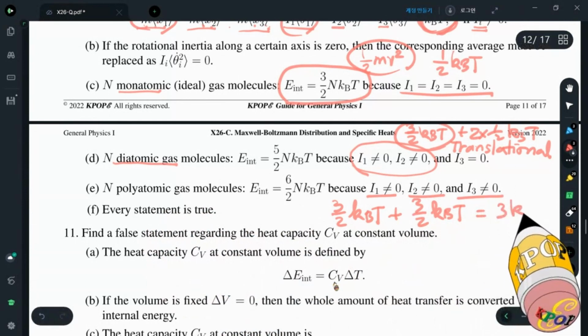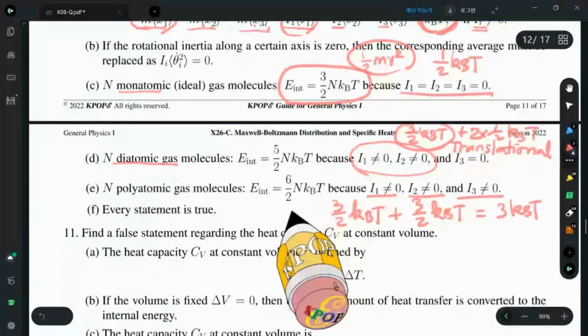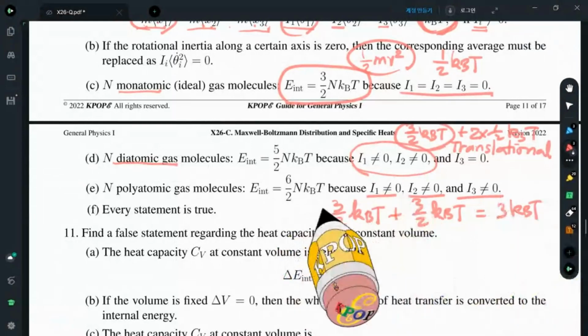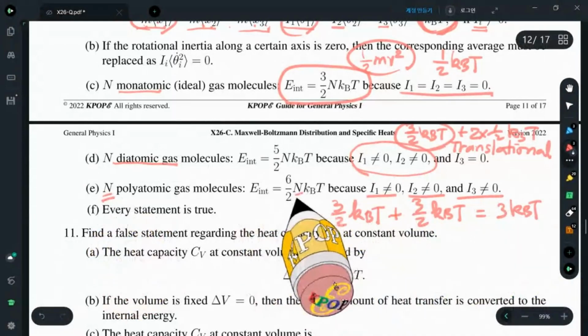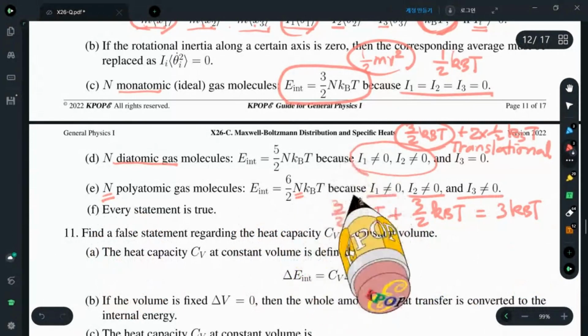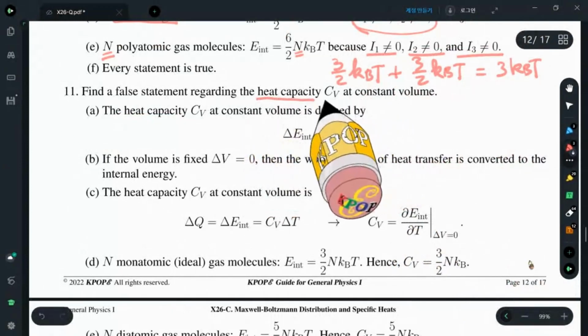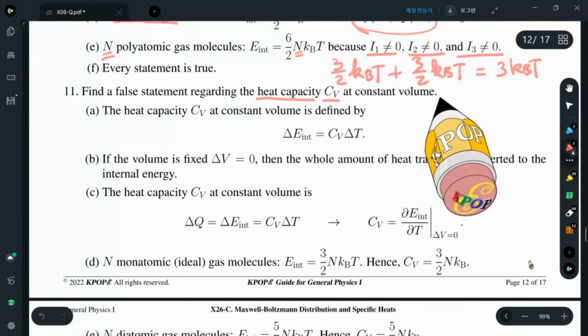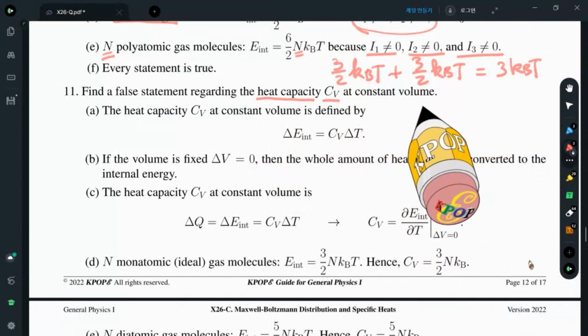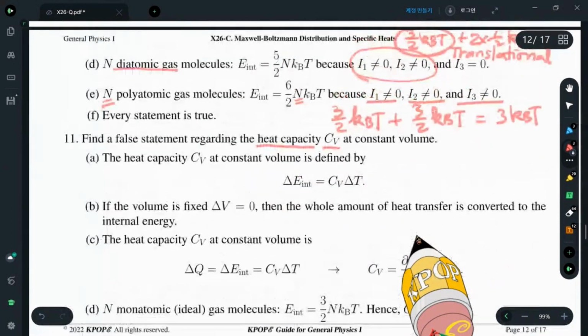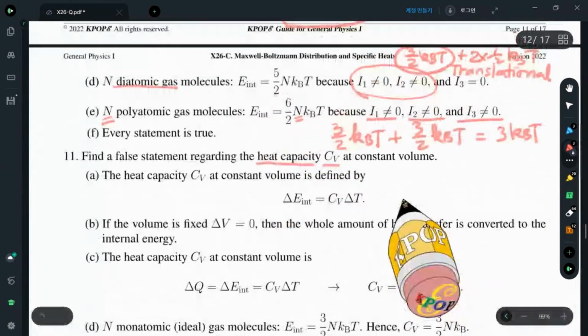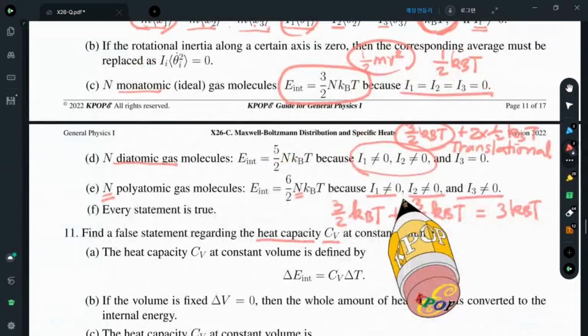So it is 3 kBT for a single molecule, and if you have n molecules, all right, the heat capacity CV at constant volume is now understood in terms of the equipartition theorem, considering both translational and rotational kinetic energy.